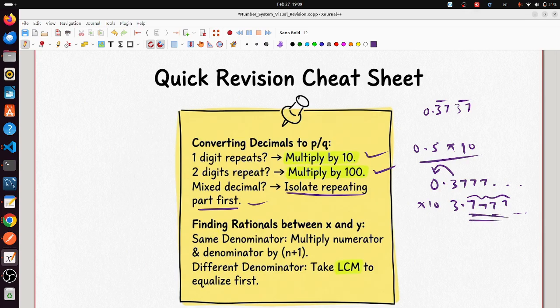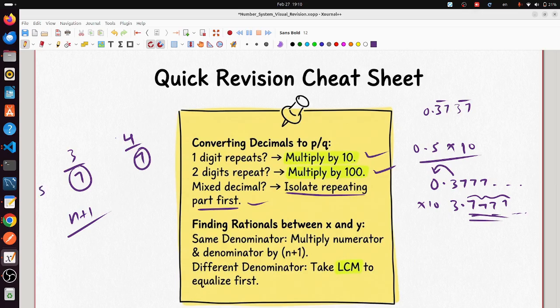Next, find rationals between x and y with the same denominator. We have seen this, like 3 by 7 and 4 by 7. If they have the same denominator, we need to use the formula n plus 1.